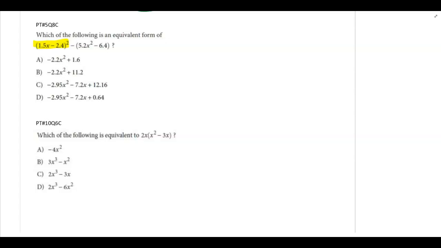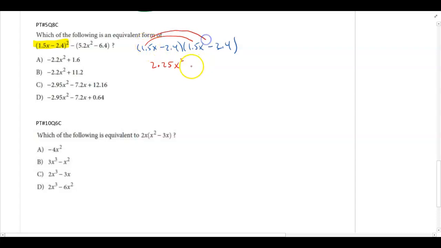First I'm going to square that binomial by doing 1.5x minus 2.4 times 1.5x minus 2.4. 1.5x times 1.5x gives me 2.25x squared. 1.5x times negative 2.4 gives me minus 3.6x.